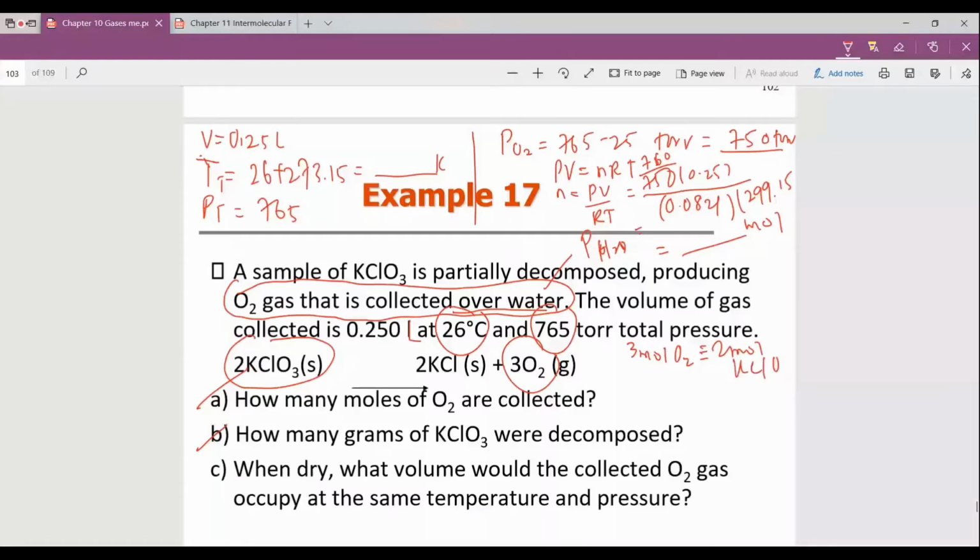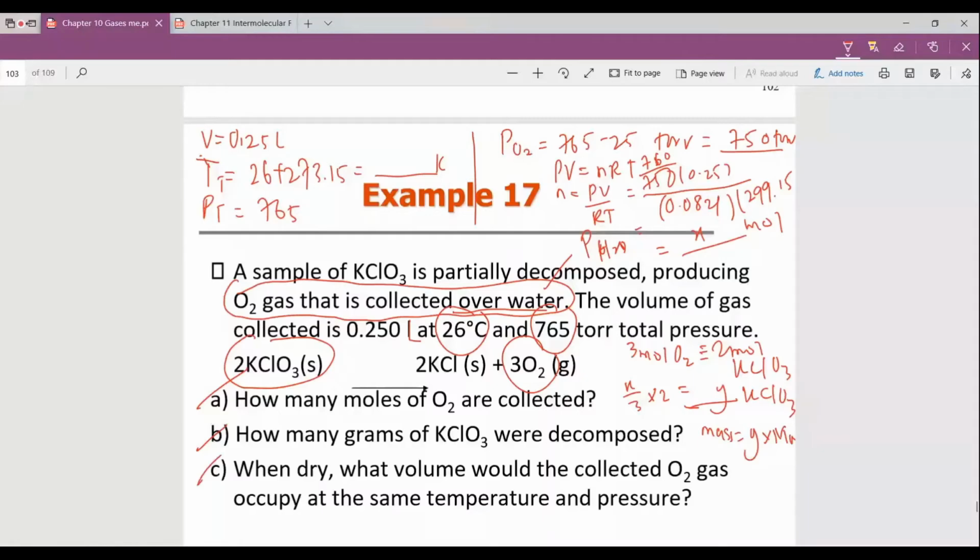Let's say x moles. So x moles divided by 3 times 2, we get the number of moles for KClO3. And after we get the number of moles, how to find mass? Mass equals moles times molar mass of KClO3.